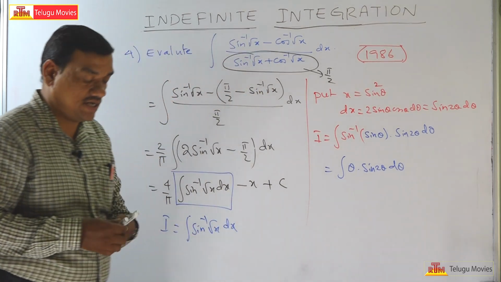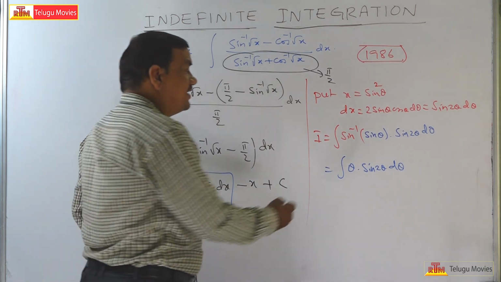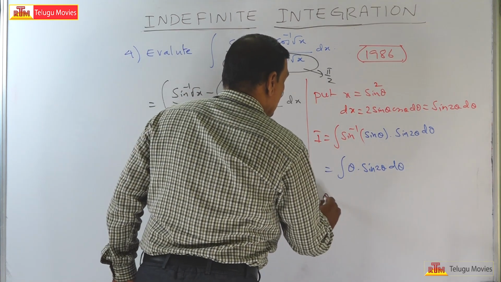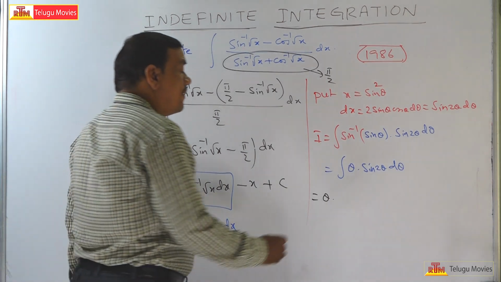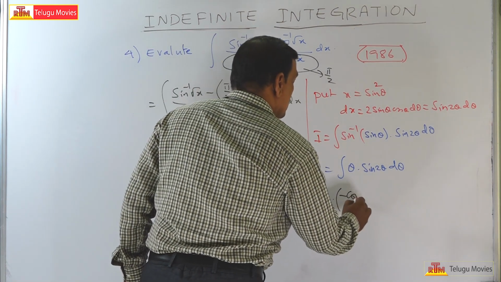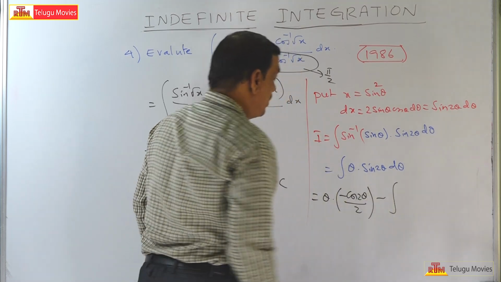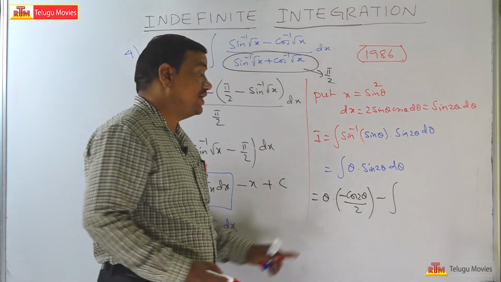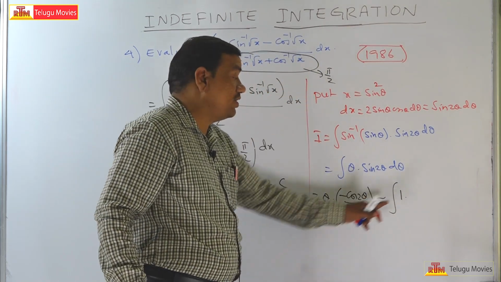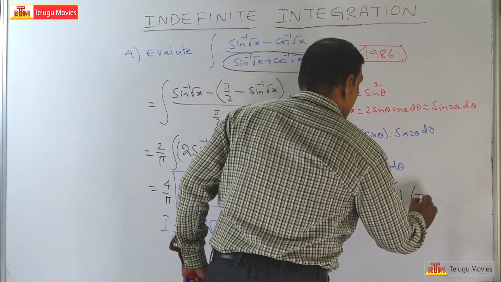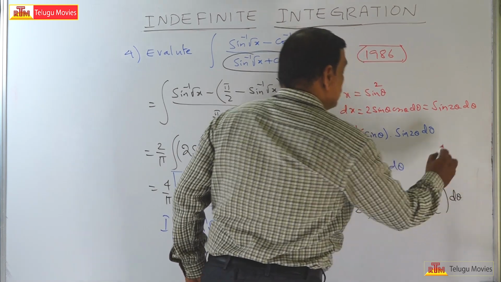Now by parts formula, take theta outside. Integral of sin 2 theta is equal to minus cos 2 theta by 2, minus integral of the derivative of theta, 1, into minus cos 2 theta by 2 d theta.